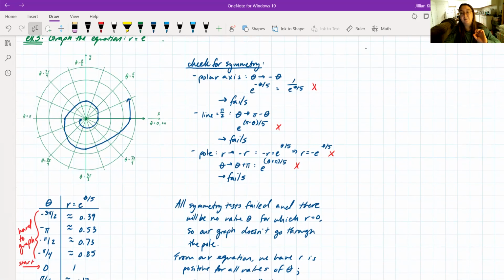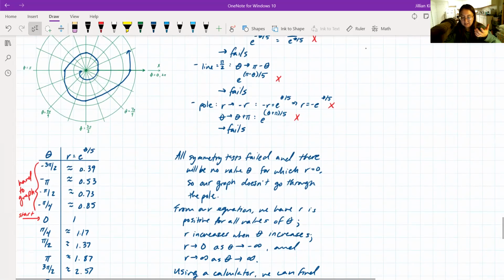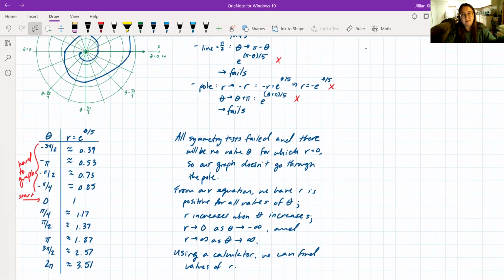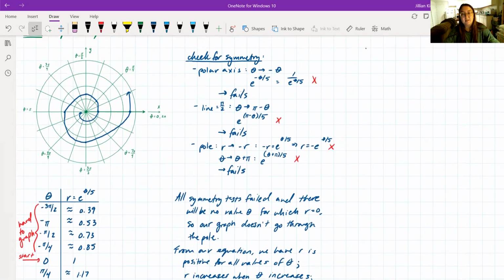We can determine that it's a spiral because we're seeing that r is going to go to 0 as theta goes to negative infinity, and r will go to infinity as theta goes to infinity. So we have this spiral image here. It's not really one of our typical equations that we see with our normal graphs, but it is something else that is important to look out for.